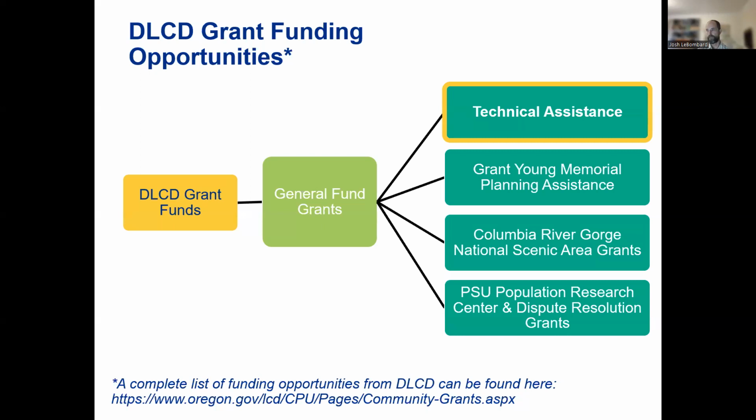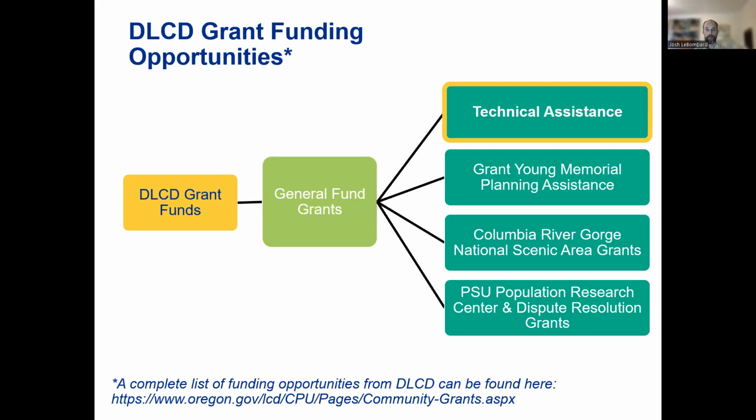We also have a specific allocation for the Columbia Gorge, and also a direct allocation for the Population Research Center at PSU, who does population forecasting and also dispute resolution as part of that. So basically what that means at the end of the day, for our general technical assistance grants program, we have roughly $920,000.